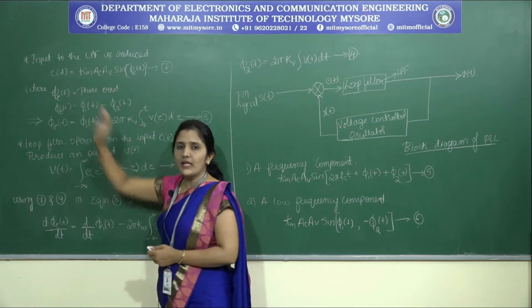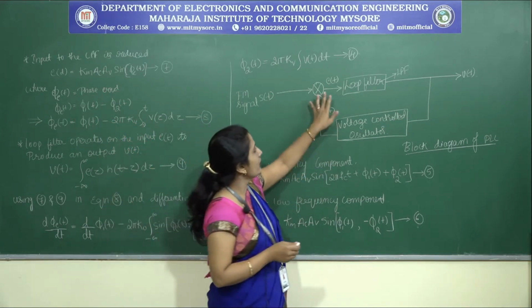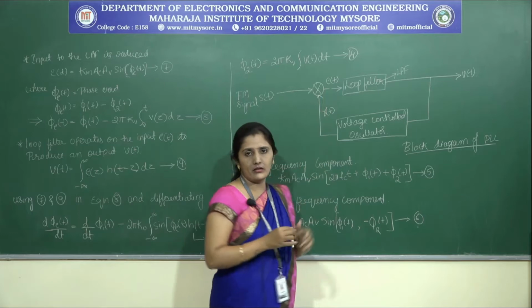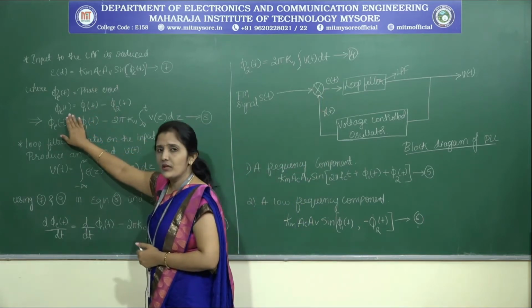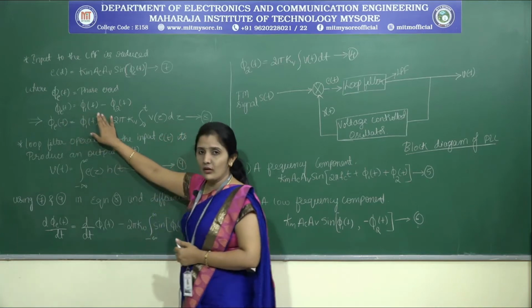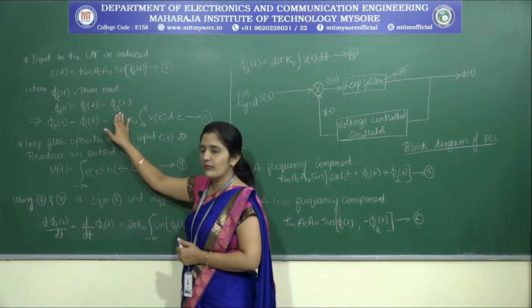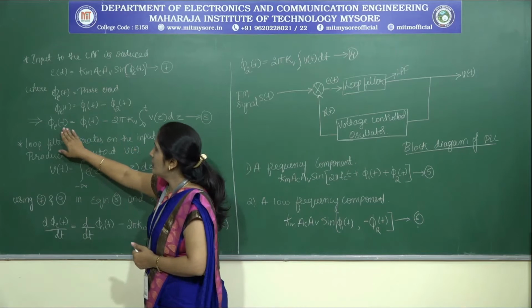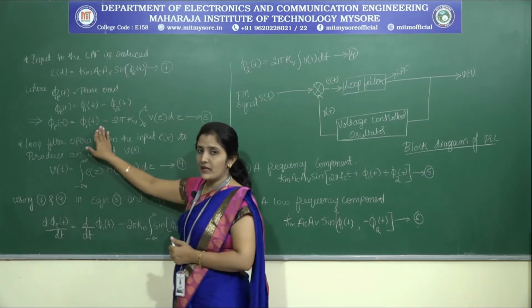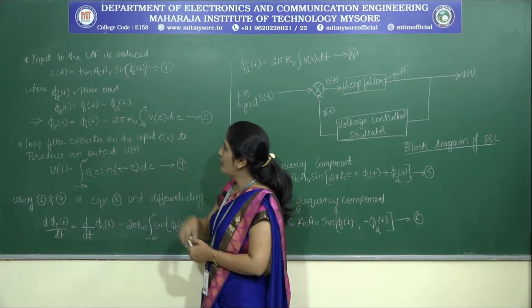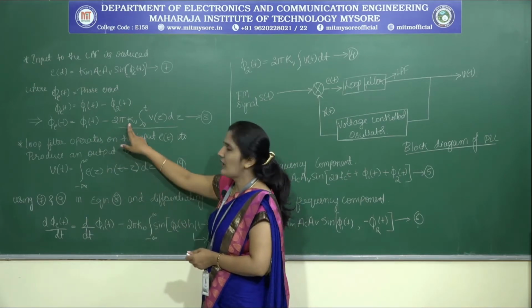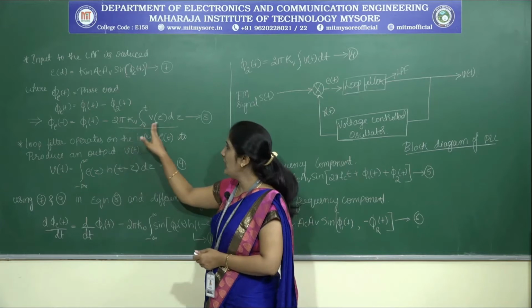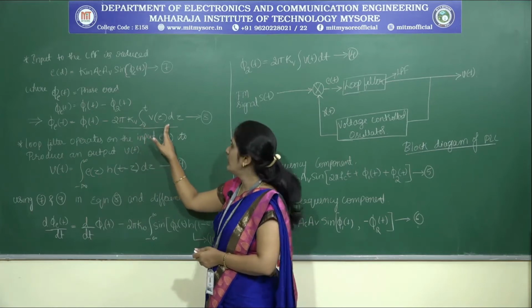We all know that phi e of t is the phase error, so we can represent phi e of t as phi 1 of t minus phi 2 of t, where phi 2 of t is 2 pi kv integrating from 0 to t v(tau) d tau.